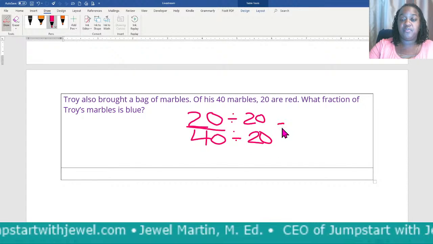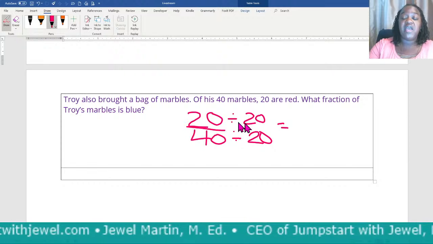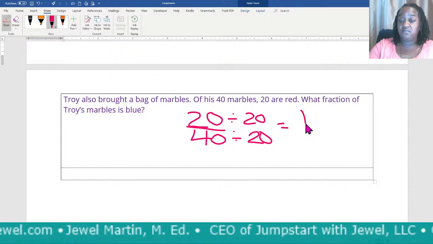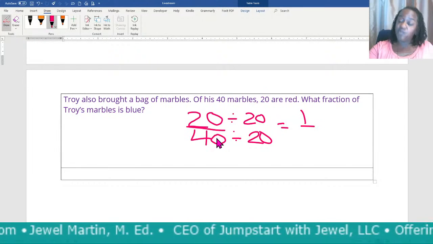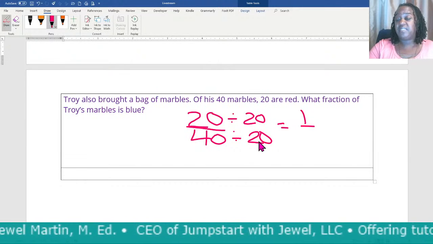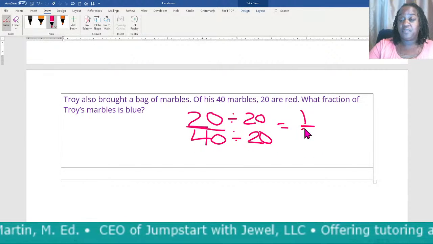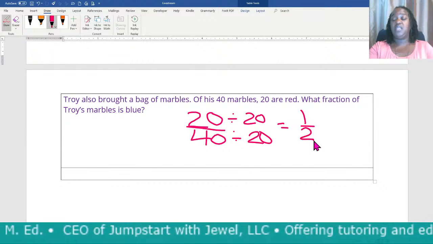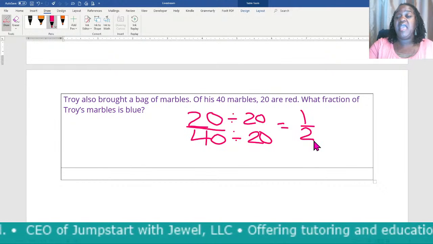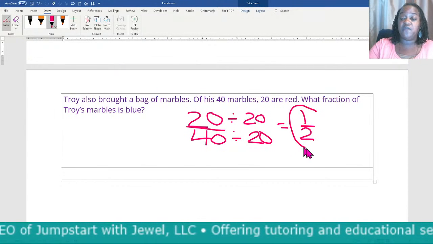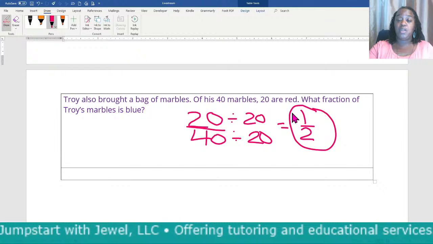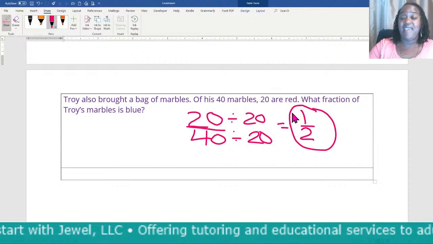So 20 divided by 20 is 1. And then 40 divided by 20, how many times can 20 go into 40? It's going to be 2, because you know 20 times 2 is 40. And so this answer went from 20 over 40 to 1/2.